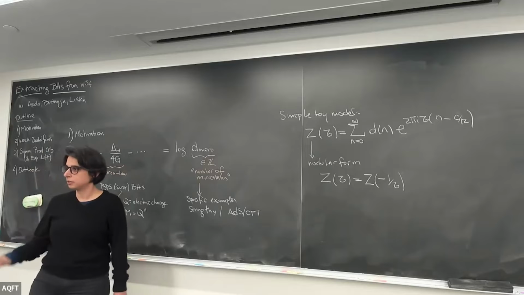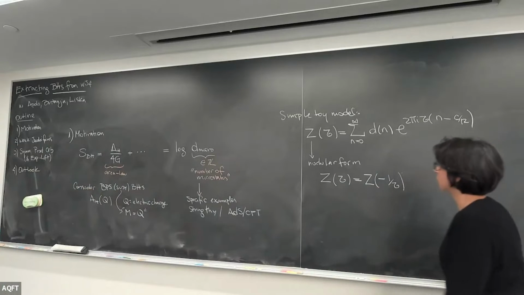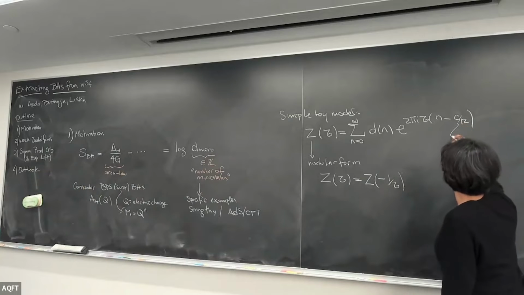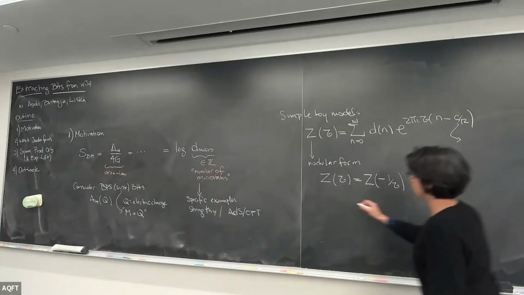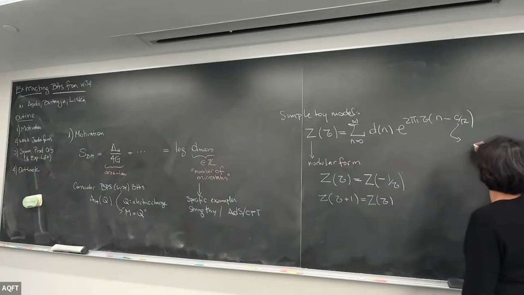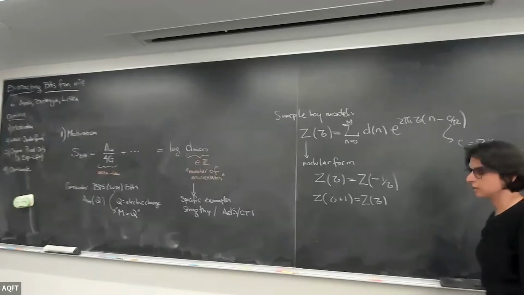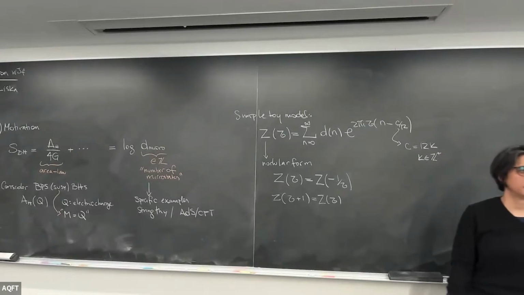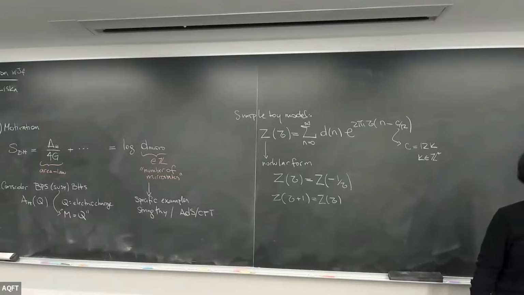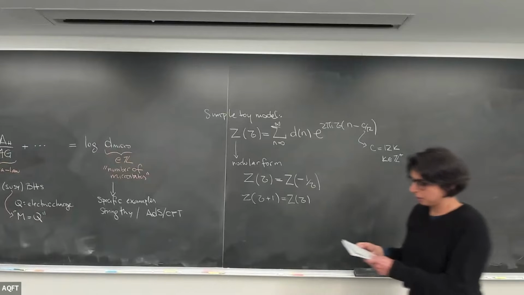I don't know, pick your favorite modular form. And here c, by the way, if I also impose that this is invariant under shifts, this number c you can pick to be 12 times a positive integer. There's a meaning from the physics point of view, but for now, it's just a parameter that is going to be convenient.